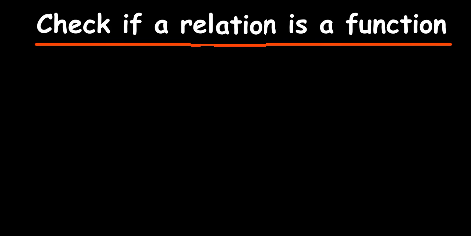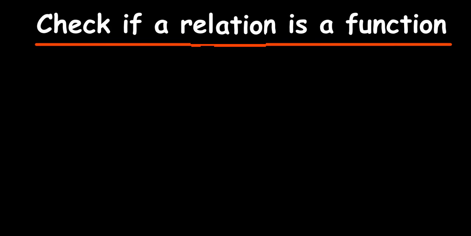We are going to be using what we call the vertical line test. So what this test says is that if I draw a vertical line anywhere on the graph of a certain function, if that line touches the graph at one point, then it's a function. If it touches the graph at 2 points, then it's not a function.